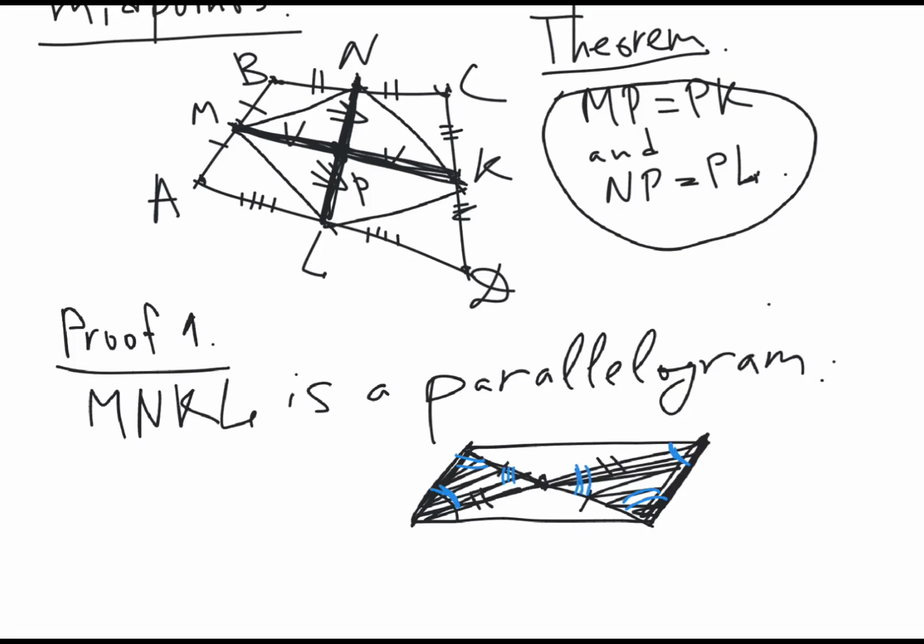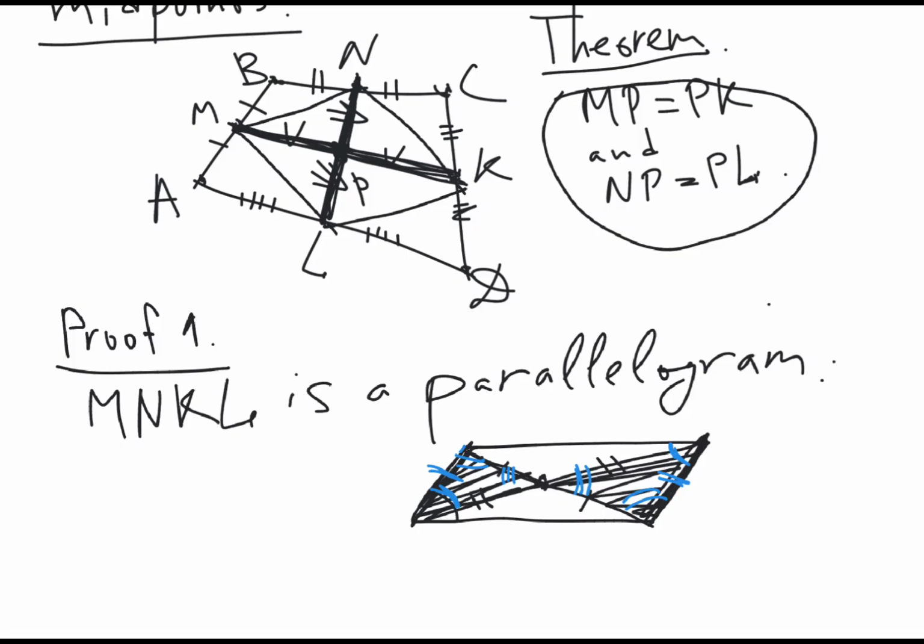So all three angles in these triangles are equal to each other, and also the opposite sides in a parallelogram are equal. So therefore these two triangles are equal to each other, therefore the diagonals are divided in half by the intersection point.